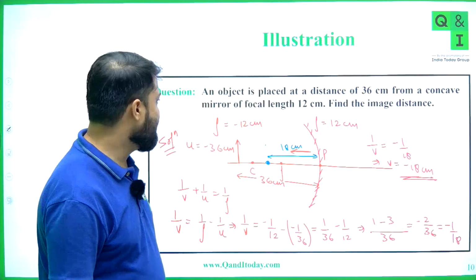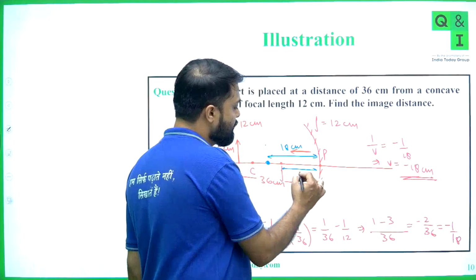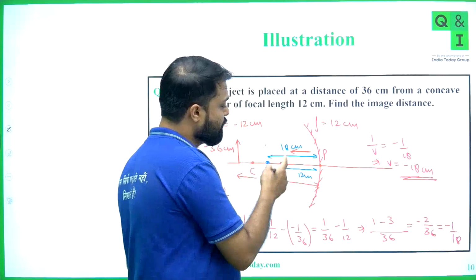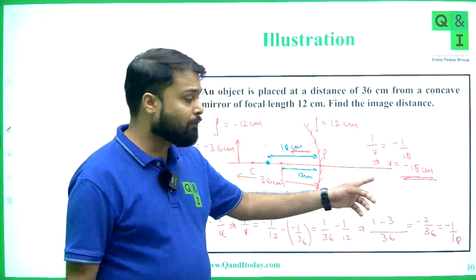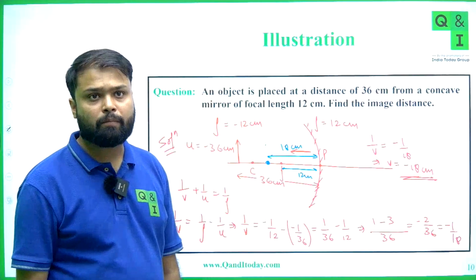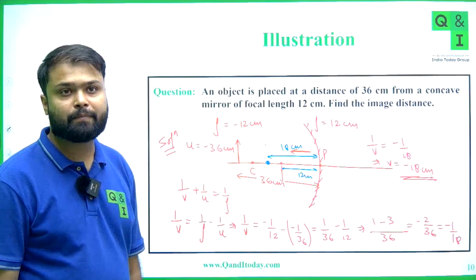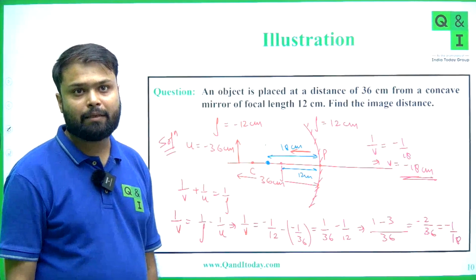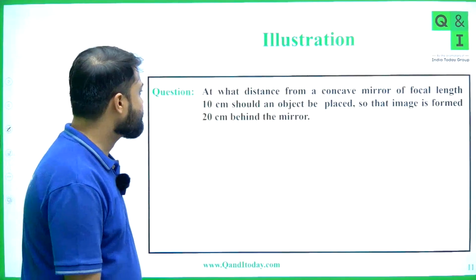That means if the focal length is 12 centimeters, and you place the object at a distance from the pole less than 12 centimeter, then only V is positive. Otherwise, for all the other cases, V is negative. Okay, so take care of the sign also. Clear? Any doubt? Okay. Next.